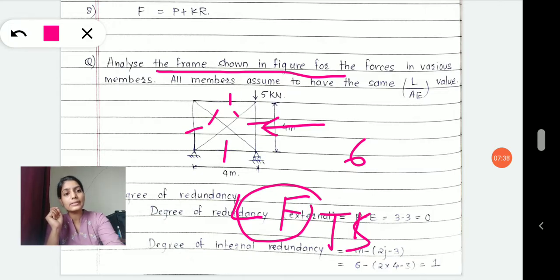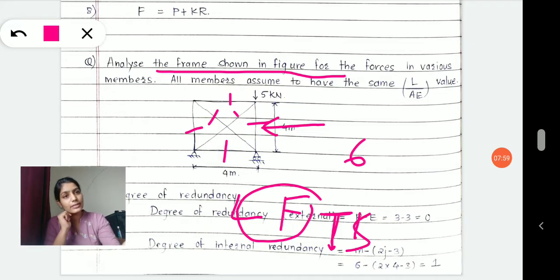But in a thermal stresses problem, in the question they said this particular member is experiencing thermal stresses. It is cooled down or it gets heated by a temperature, right? Then that member you will take as a redundant.